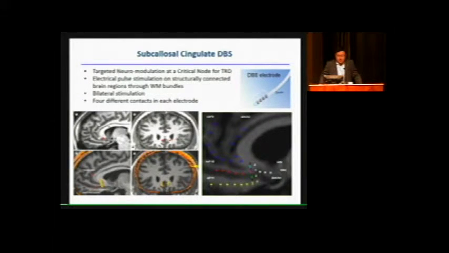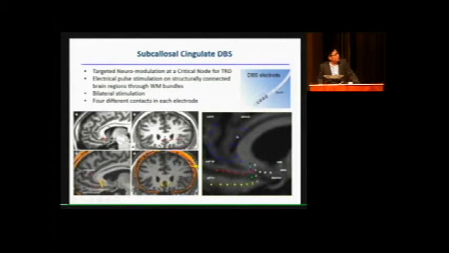SCC DBS is targeted neuromodulation at the critical node I showed you before. The anatomical location of the SCC region is here, right under the corpus callosum and at the end of the cingulum bundle. SCC DBS is electrical pulse stimulation of structurally connected brain regions through white matter bundles. As you see in the right figure, if we stimulate at contact 3, probably there is more stimulation of the frontal region, like medial frontal 10.